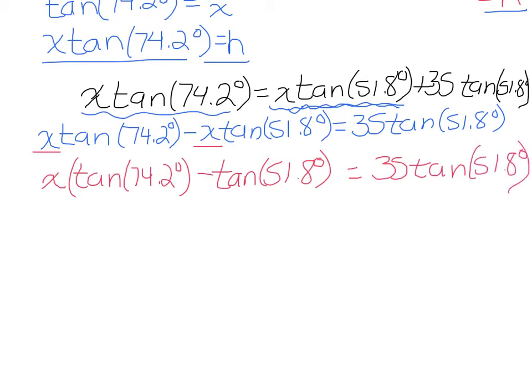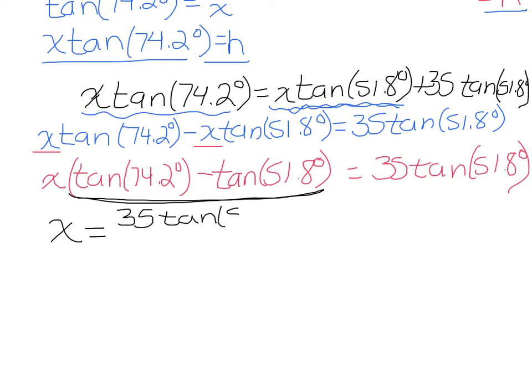Okay, now this, if you recall, is just a number. This whole thing is just a number. So I'm going to divide both sides of the equation to solve for x by that number, which is this little bit complicated looking expression.